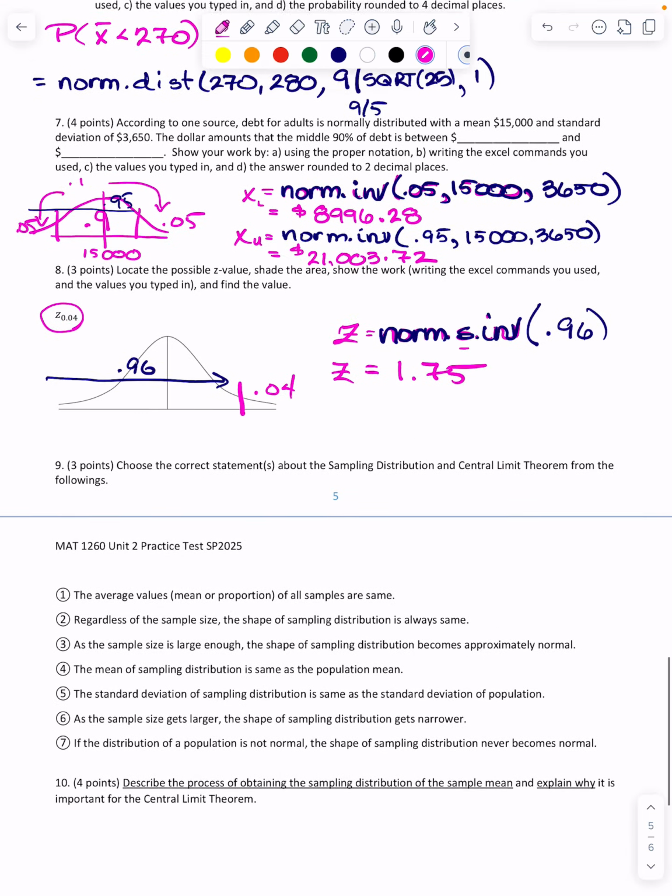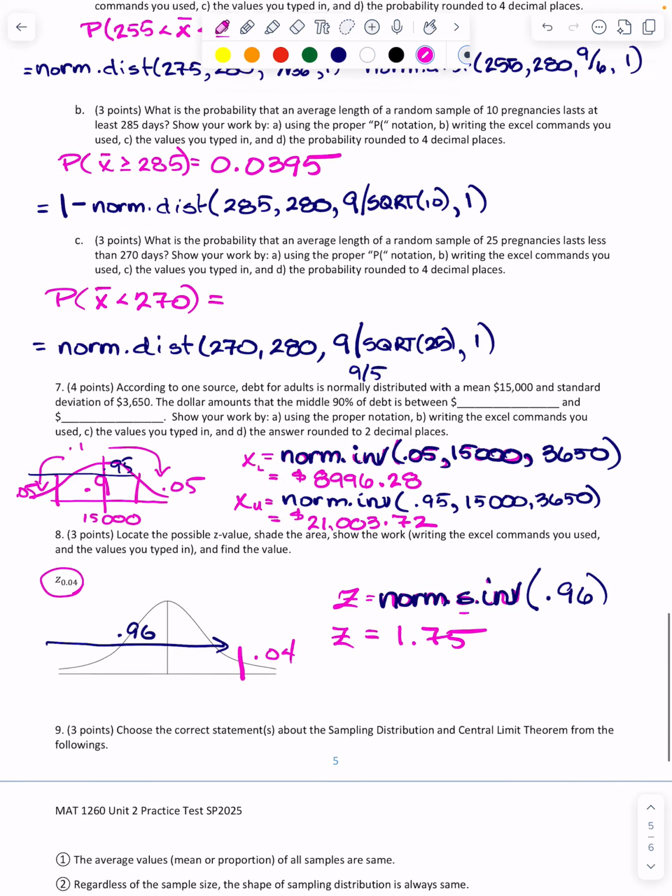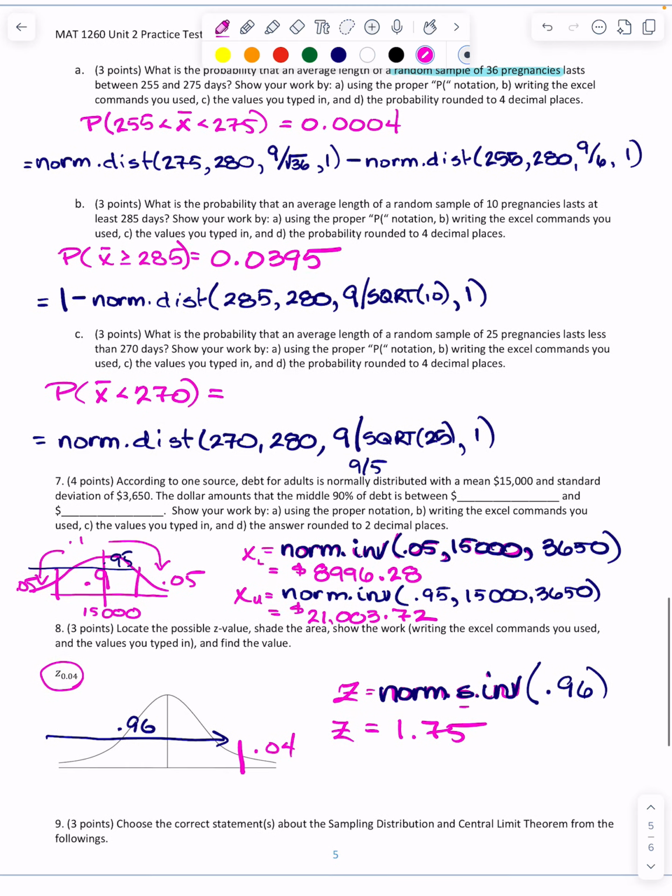Okay, before we hit page 6, this very last question, I want to go back up to 8C because I started it, then apparently got distracted and did not finish it. What I got here was 1.38 times 10 to the negative 8.